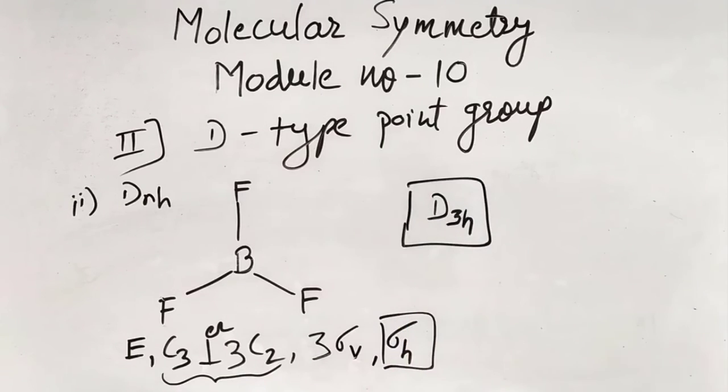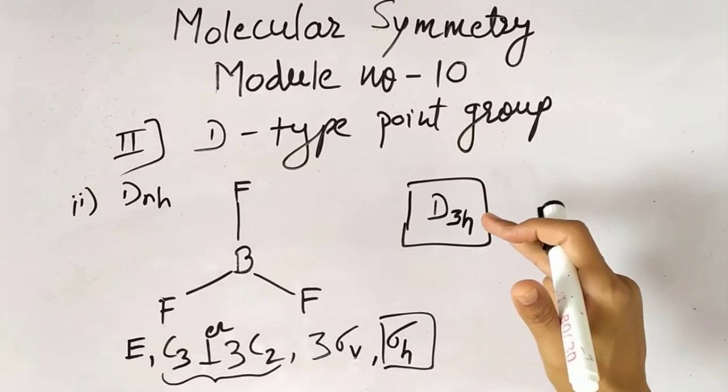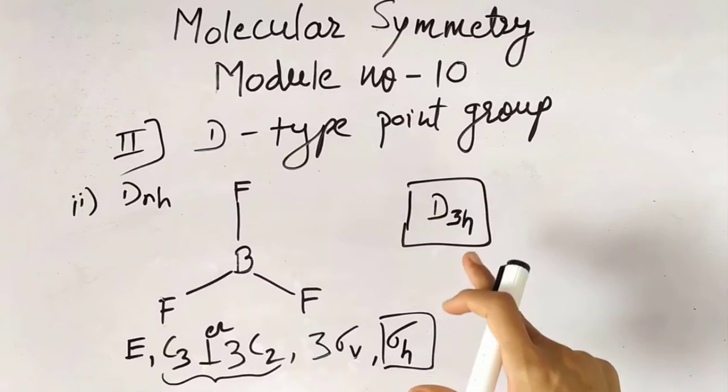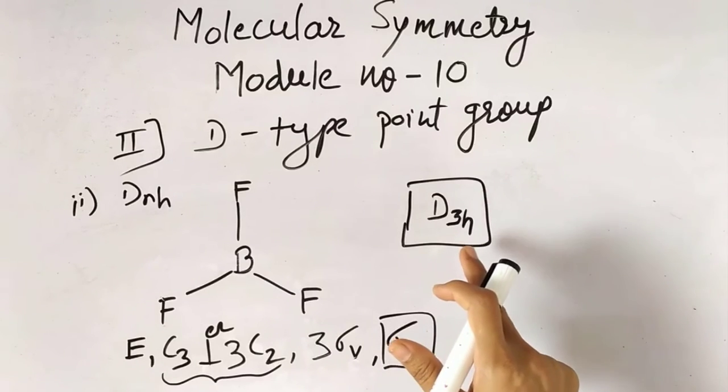The reason for this is that the horizontal plane is dominating over the vertical plane. Hence, in the final point group, we will reflect only the horizontal plane and not the vertical plane.